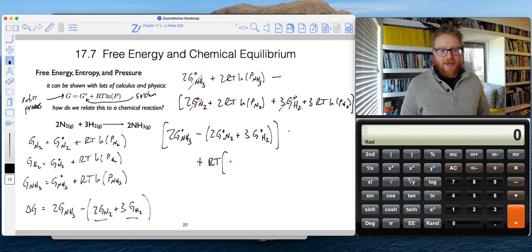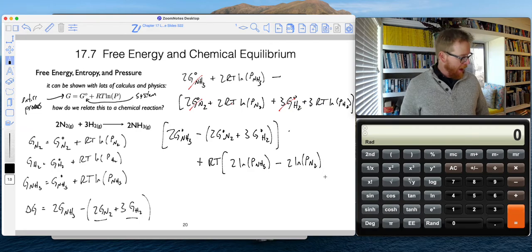So let's do a bracket. And now that becomes 2 times the natural log of the partial pressure of NH3. And now that's minus 2 times the natural log of the partial pressure of N2. And we'll distribute that negative sign through, minus 3 times the natural log of PH2.